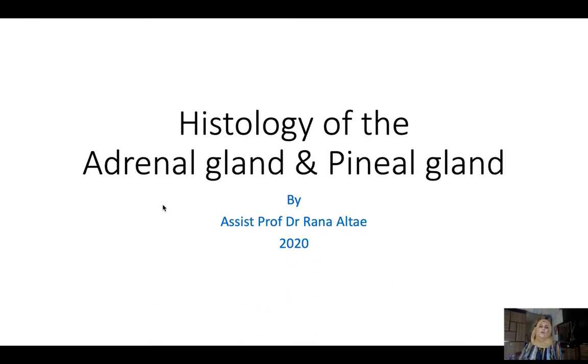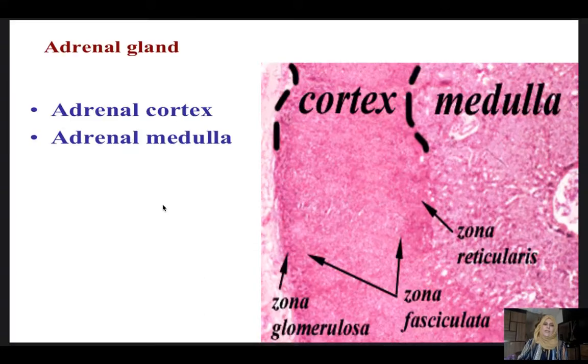To continue the histology of the endocrine system, we will talk about also the histology of the adrenal gland. The adrenal gland, which is a gland present on the superior aspect of the kidney, bilateral, وعندنا right to left adrenal gland.